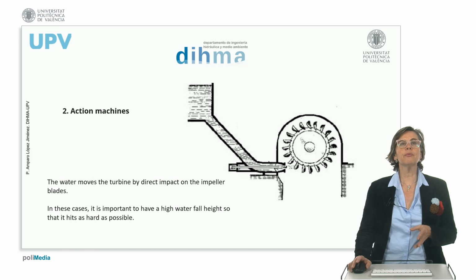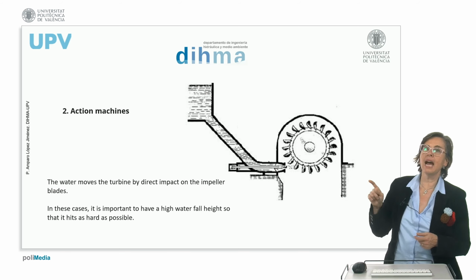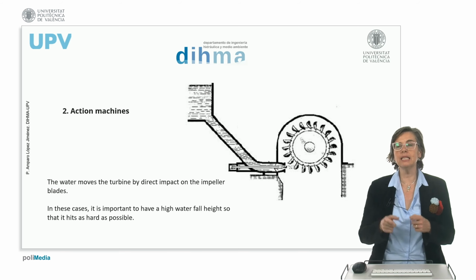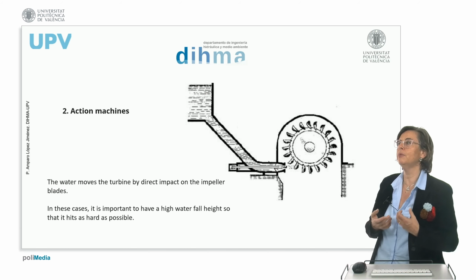So what are action machines? Action machines are machines in which the flow, the water, moves the turbine by direct impact on the impeller blade.